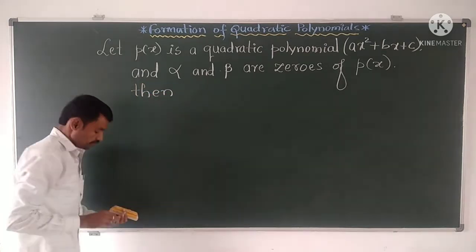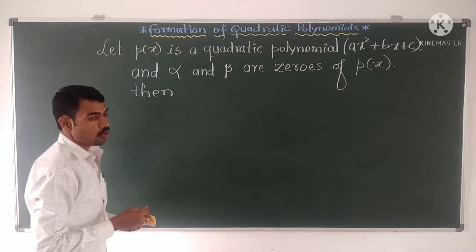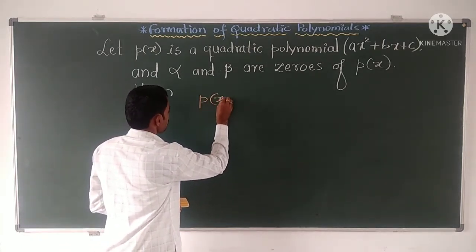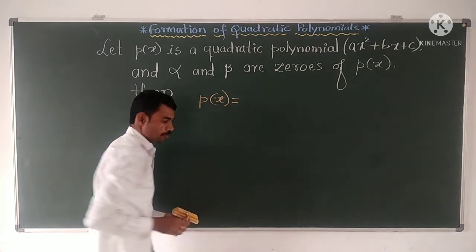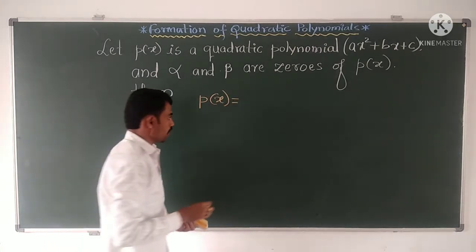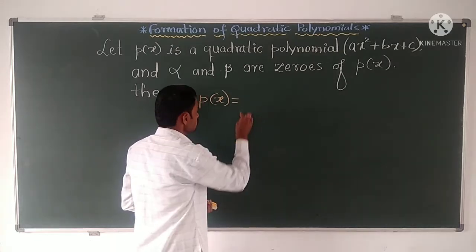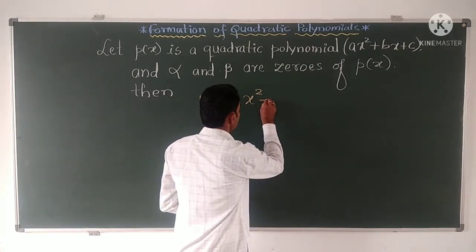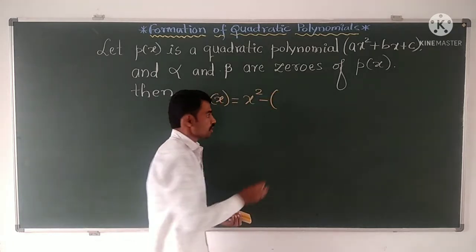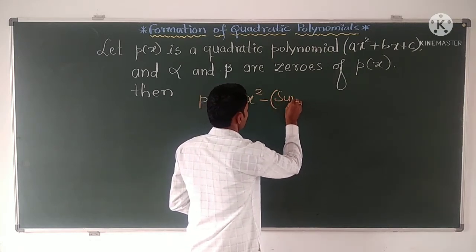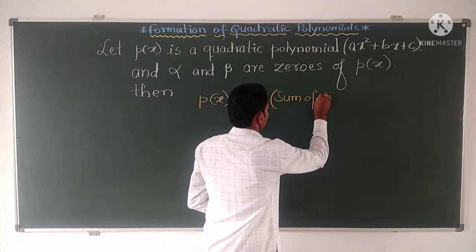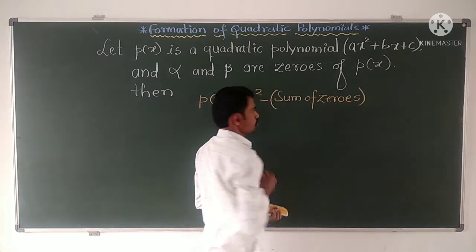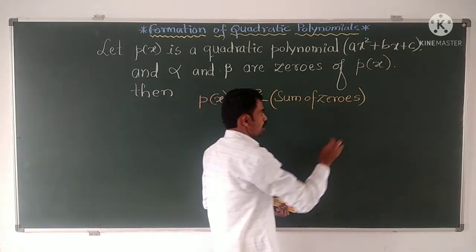Then we have to write P of x is equal to x square minus sum of zeros, alpha plus beta.